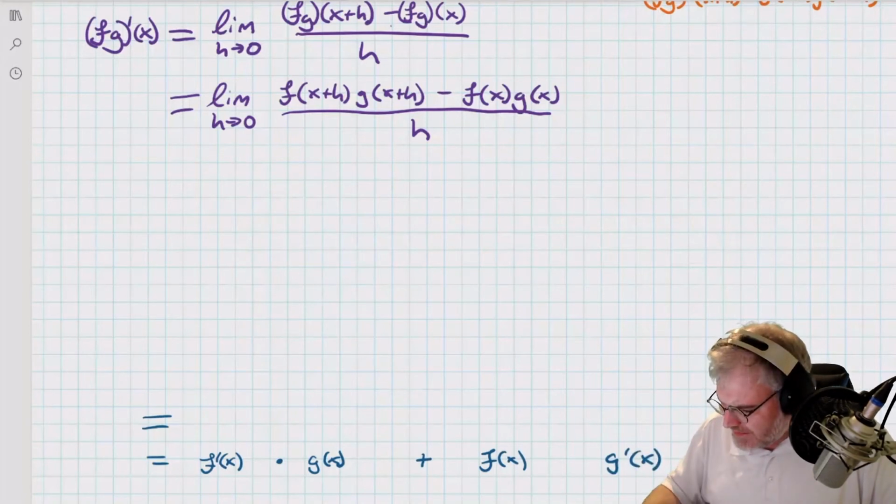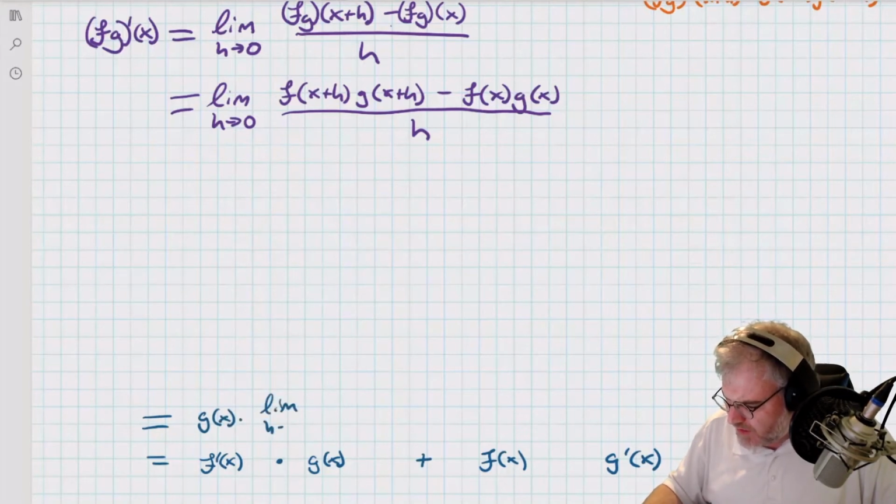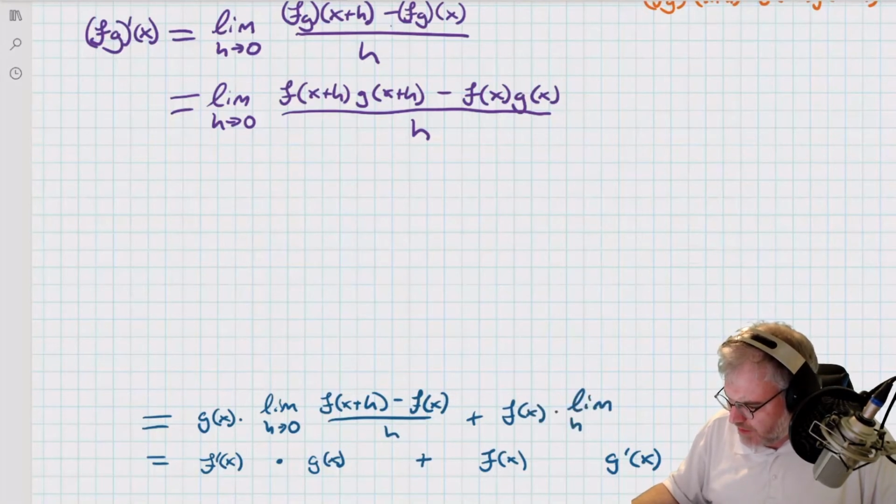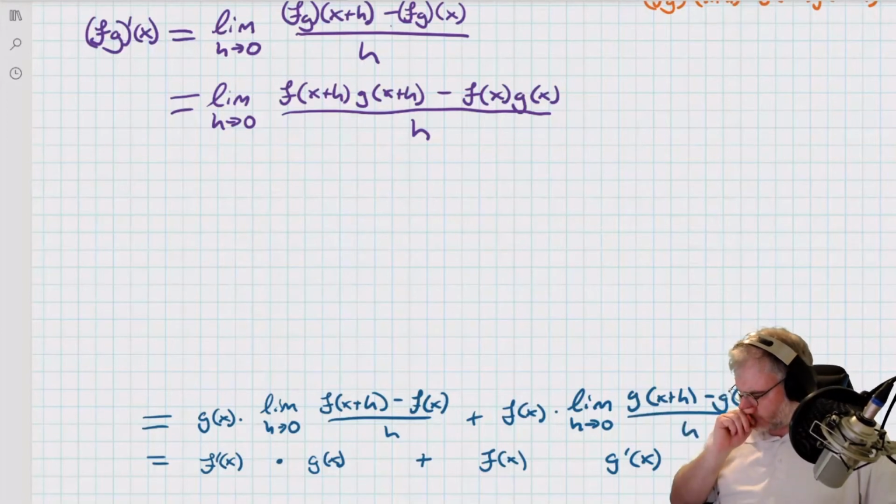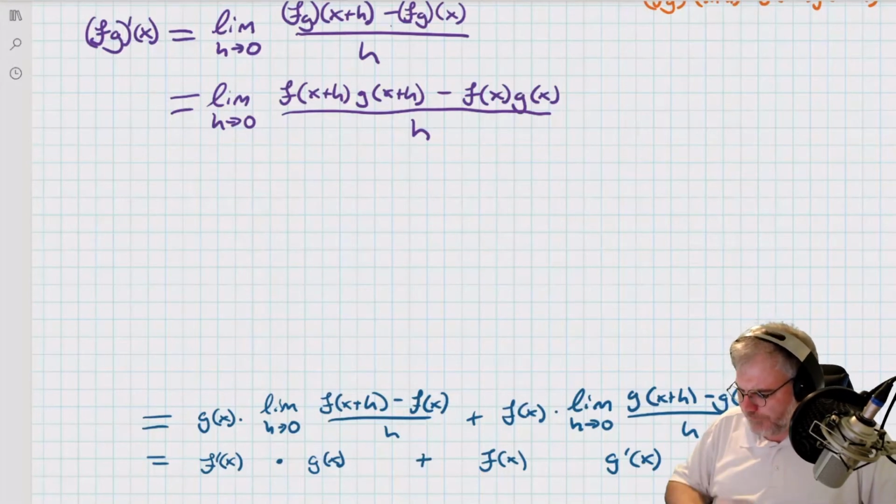So I know that the last line needs to be g of x times the limit as h goes to 0 of f of x plus h minus f of x all over h, plus f of x times the limit as h goes to 0 of g of x plus h minus g of x all over h. I'm sorry, these should be g's. Okay? That's what these things have to equal.